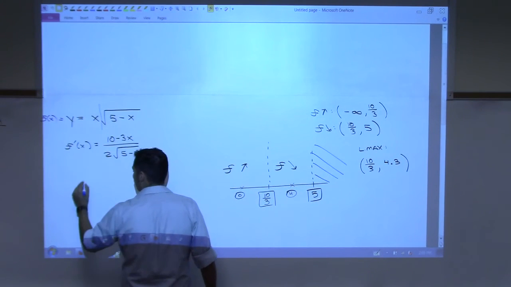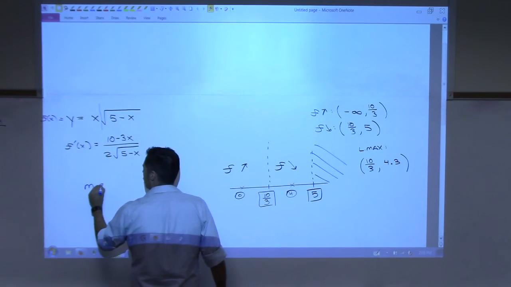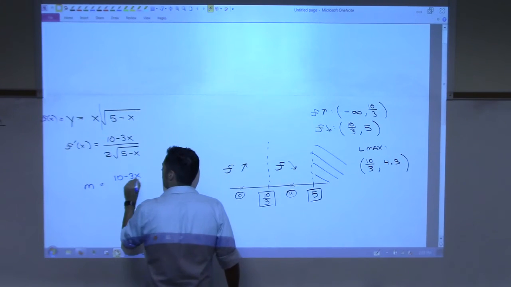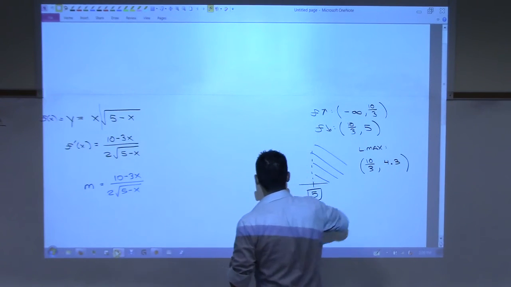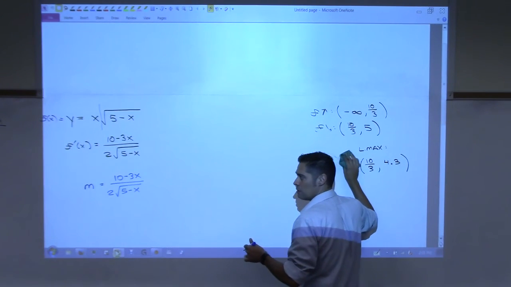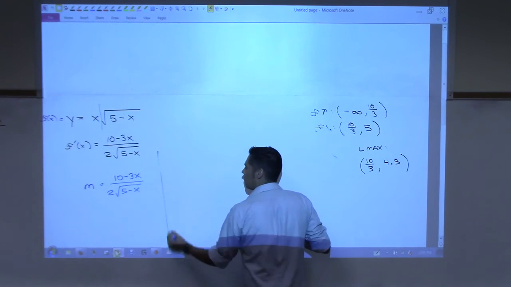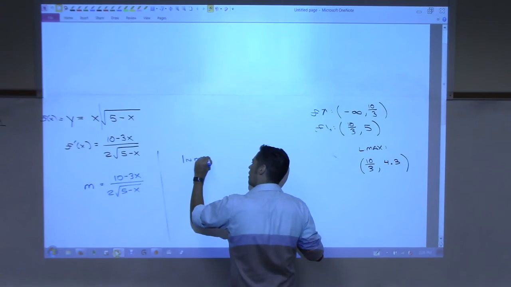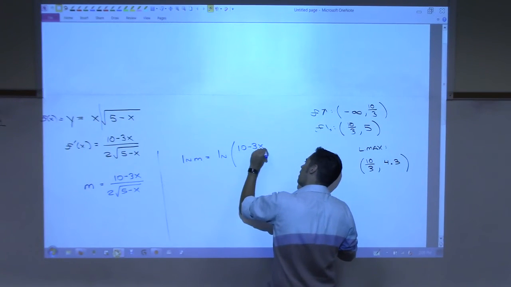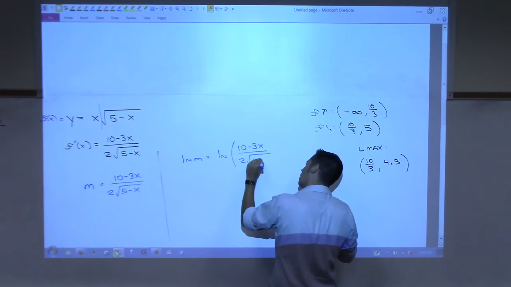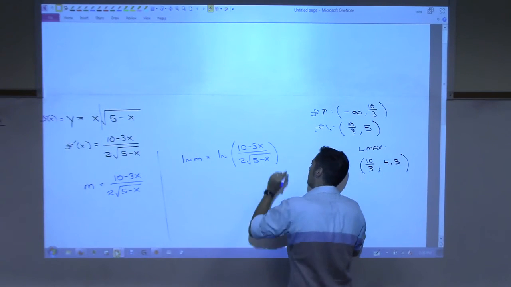But I won't call it y, because that's y. If I call this m, and we're asked to take the derivative, then I could do natural log on both sides first. Couldn't I? Natural log of m equals natural log of 10 minus 3x over 2 root 5 minus x.